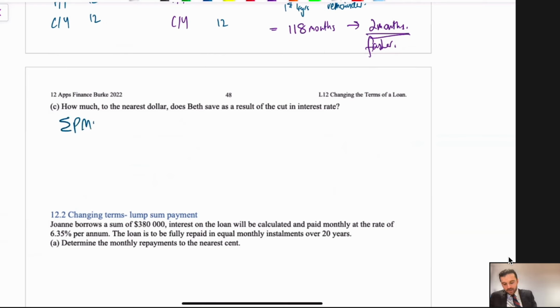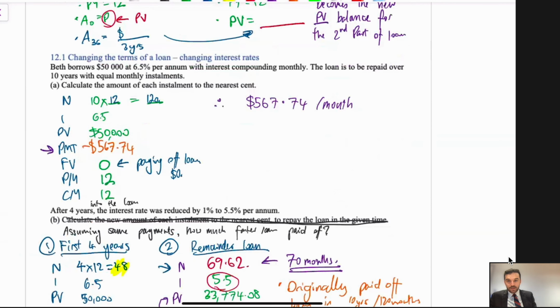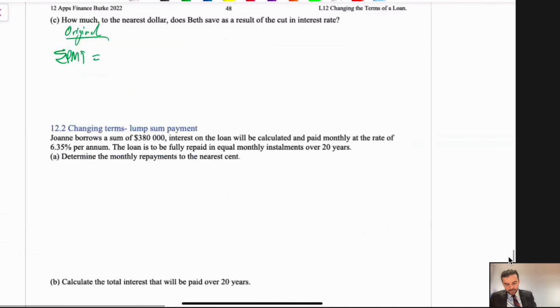The sum of the payments was, and let's have a look at the scenario at the very start, 120 payments of $567.74. So they originally spent $68,128.80.